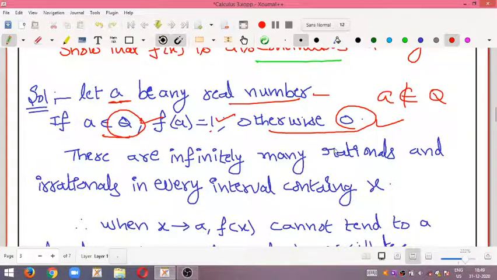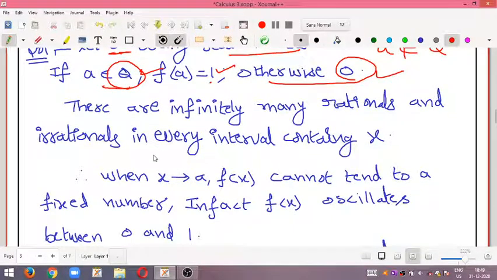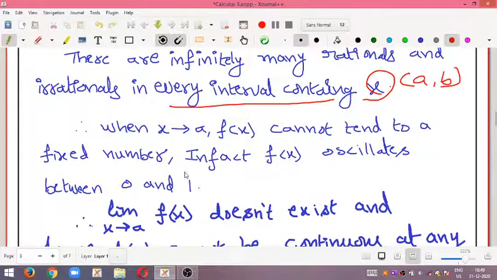There are infinitely many rationals and irrationals in every interval containing x. We know that. There are infinitely many rationals and irrationals in every interval (a, b) containing x. So that's why as x tends to a, f of x does not tend to a finite number.